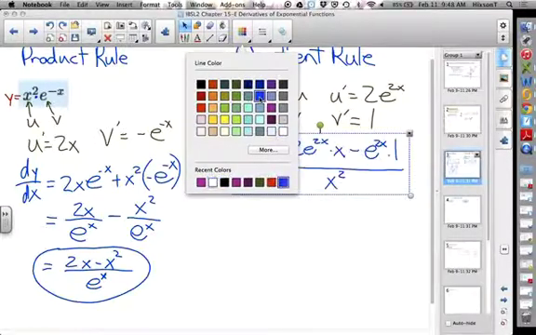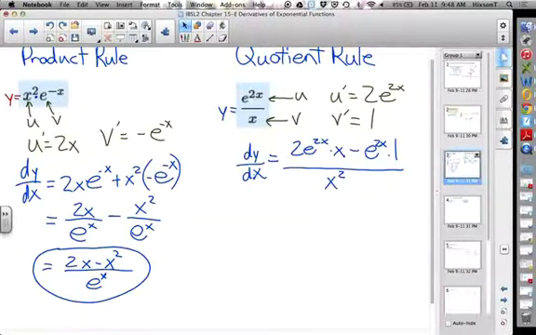Okay. So that's what you should get when you set it up. If you'd like to simplify that a little bit more, you'll notice both terms in the numerator have an e to the 2x.